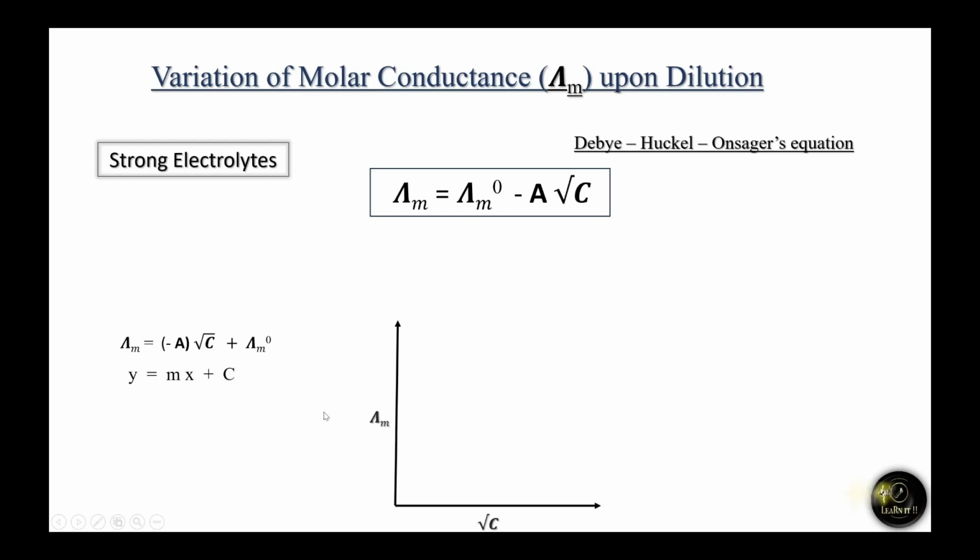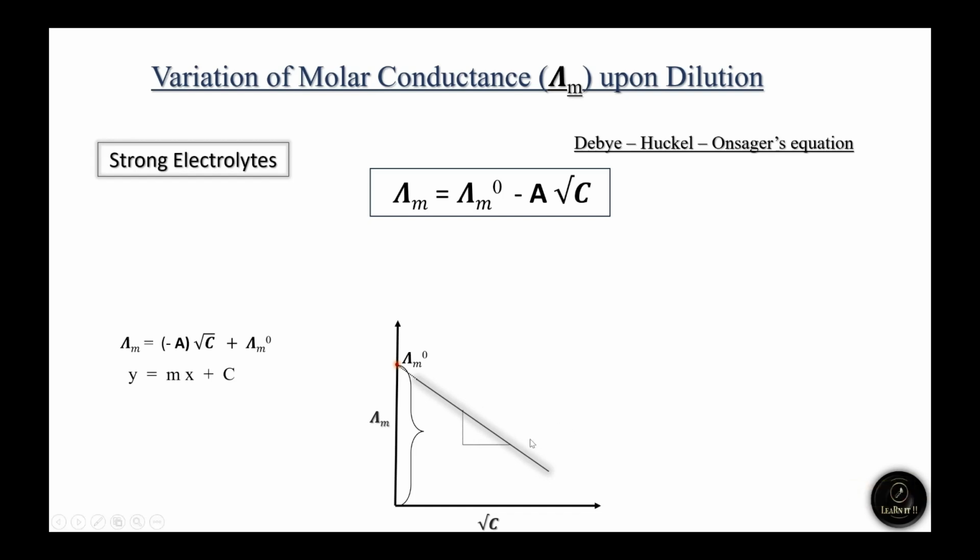So when we plot a graph, we get a straight line with negative slope. The y-intercept is called lambda naught m. So the value here is lambda naught m. It means the molar conductance of the electrolyte at 0 concentration or infinite dilution.